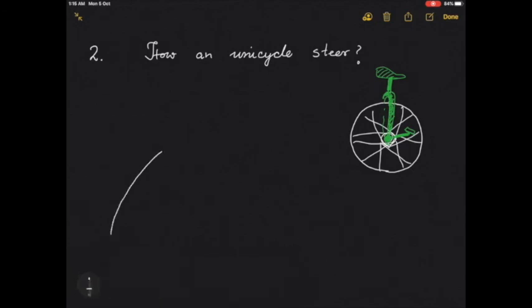The question is that this cycle is turning in a circular arc of radius RT, the turning radius. So that's why I call it RT. Okay, so this is the origin, say. So it's going around this, which means if I look at the instantaneous position of the wheel, it looks something like that.